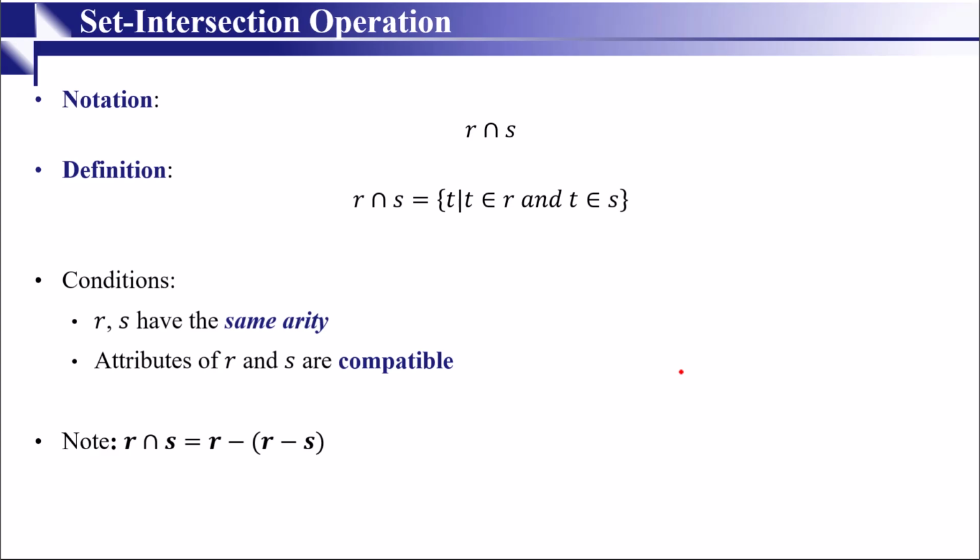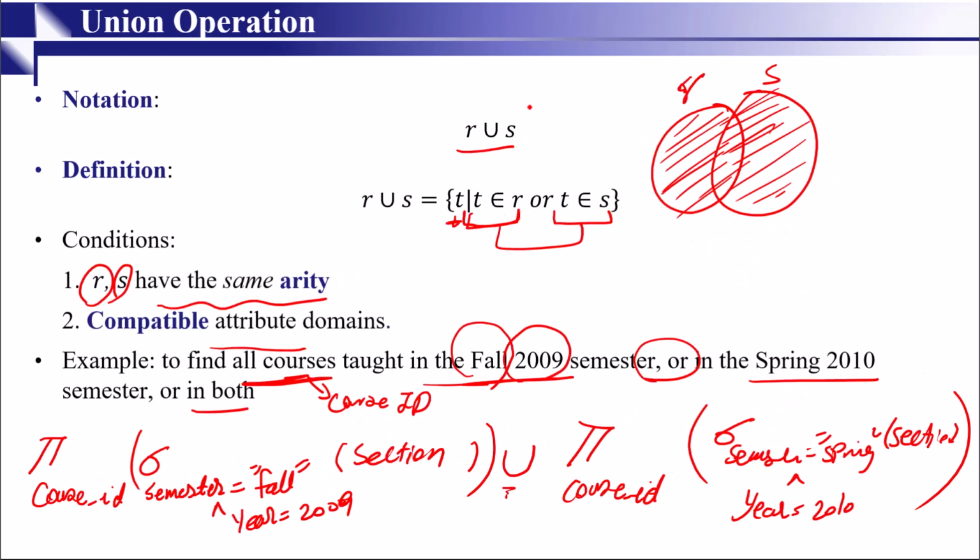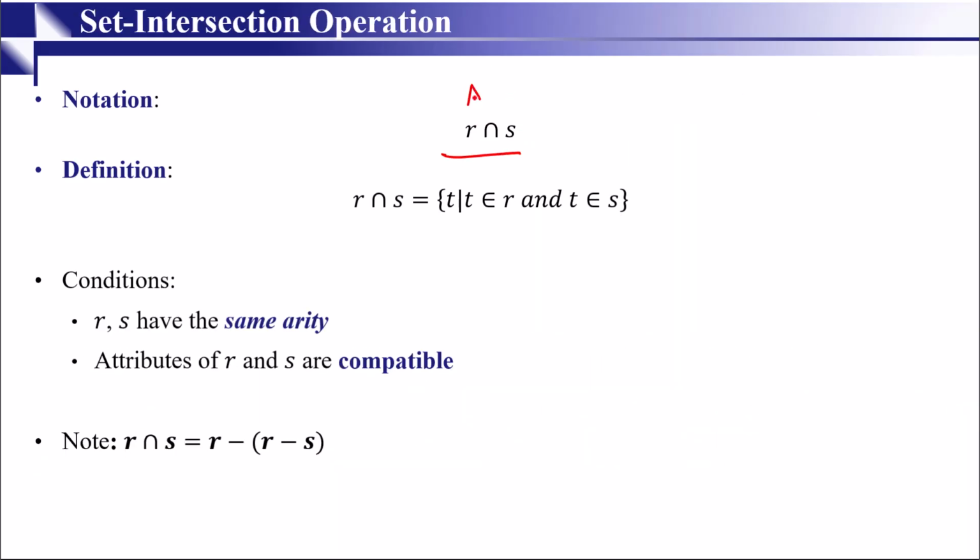Next one is intersection, or you can say R cap S. Union is similar to the OR operator, and this one is similar to the AND operator. This one returns all the tuples that are in both R and S. In a Venn diagram, if this is R and this is S, we are interested in this part.